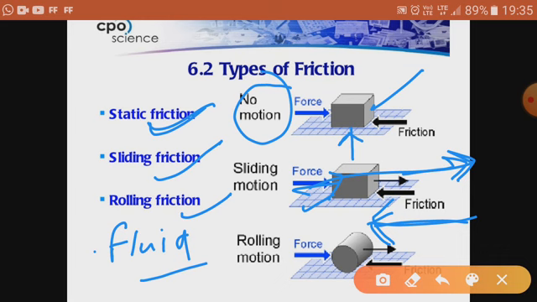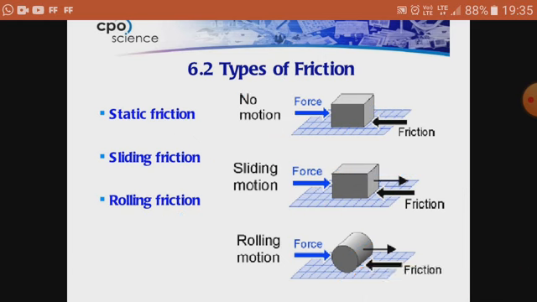That will be sliding friction: if the two surfaces are sliding over each other, the friction which is generated is called sliding friction. Same way, if surface A and surface B are rolling over each other, even then some friction will be experienced by the body. That type of friction will be rolling friction.